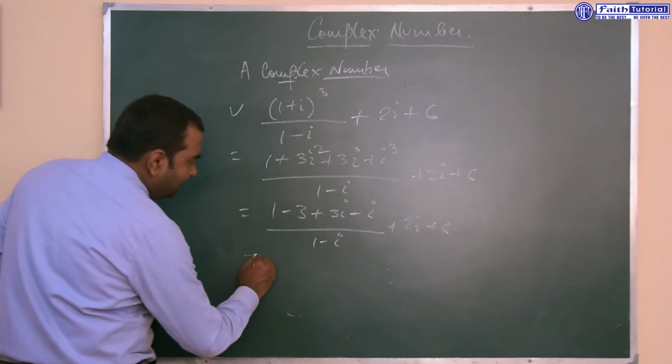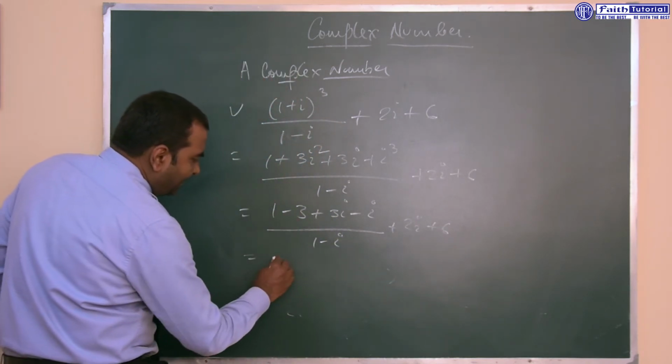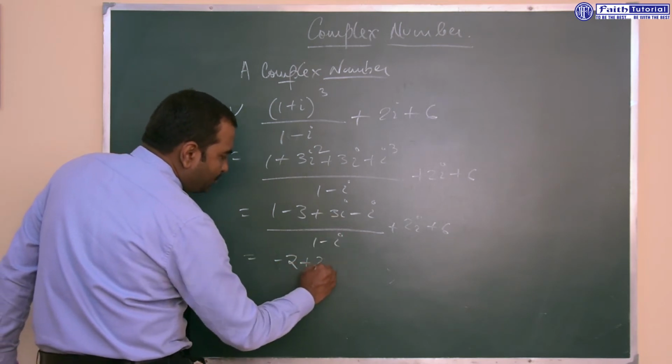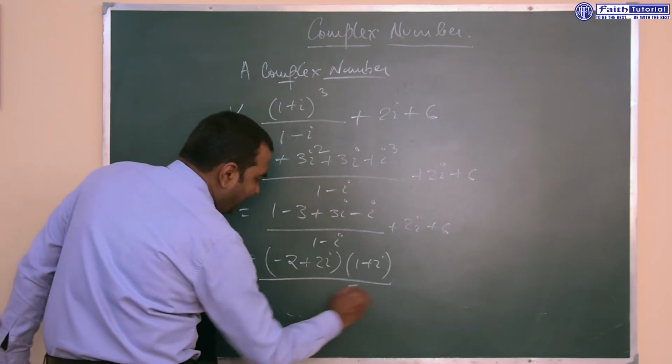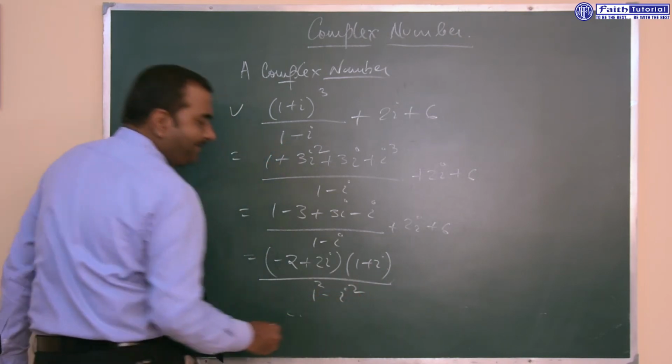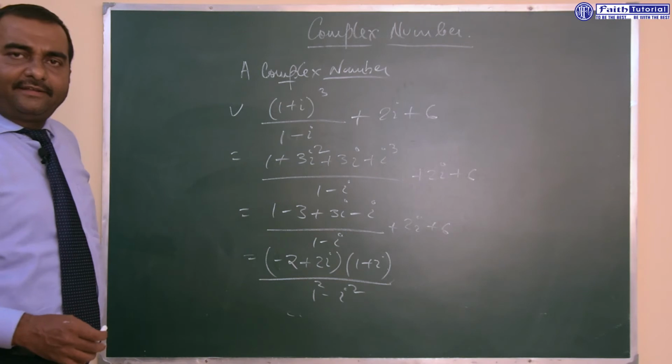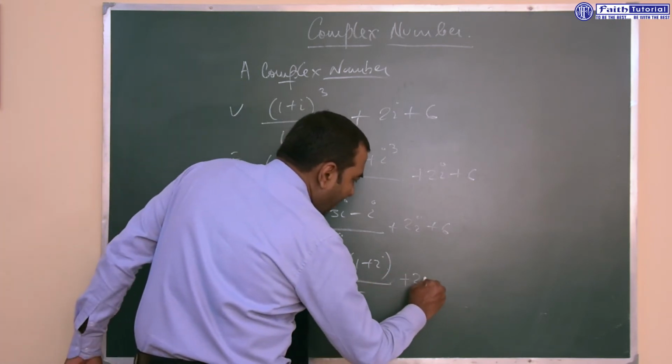So we have 1 minus 3, that's minus 2, plus 2i into 1 plus i divided by 1 square minus i square, multiplying with the conjugate, plus 2i plus 6.